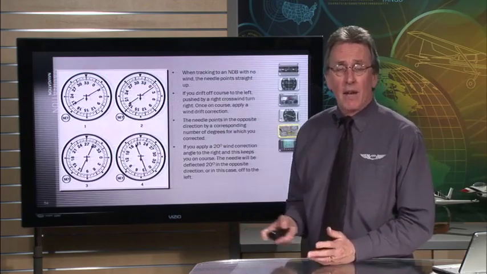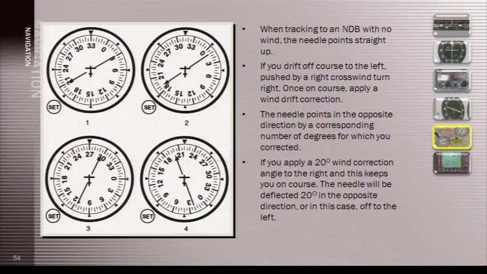Now, it's seldom, if ever, that you'll navigate on a bearing or radial without having to correct for some type of wind drift. When you're tracking on an NDB with no wind, the needle is going to point straight up. Let's say you drift off course to the left, pushed there by a right crosswind. Once you're on course, you have to apply a wind drift correction.